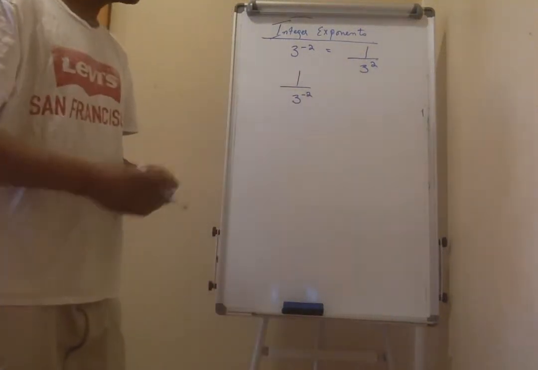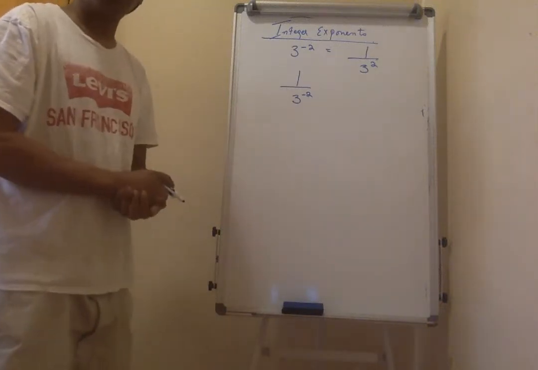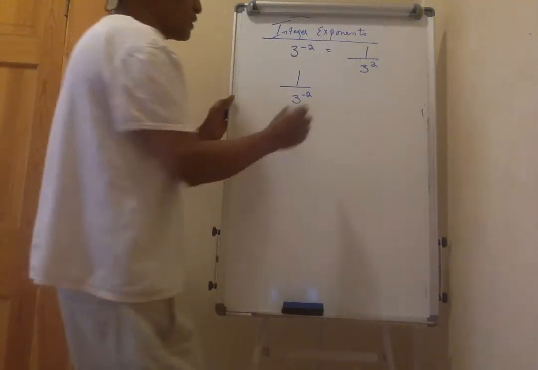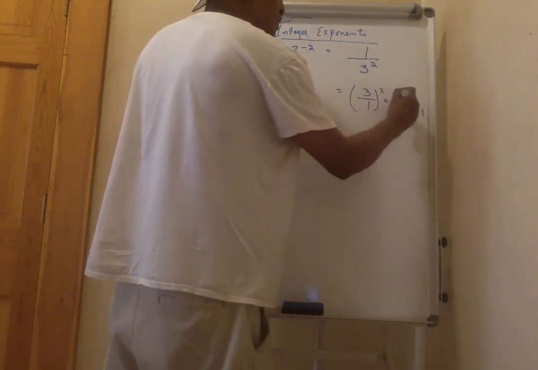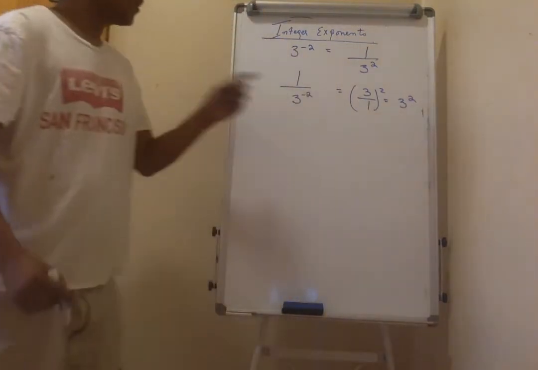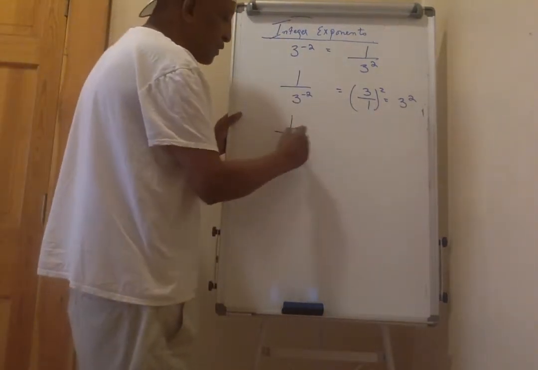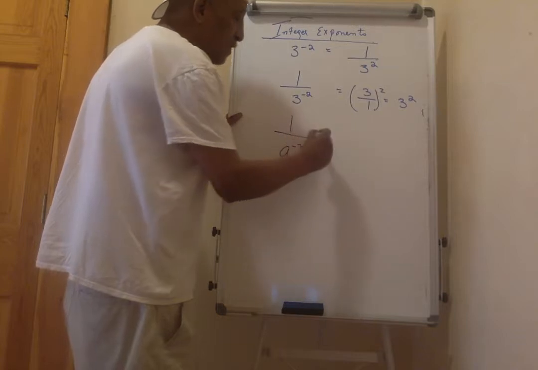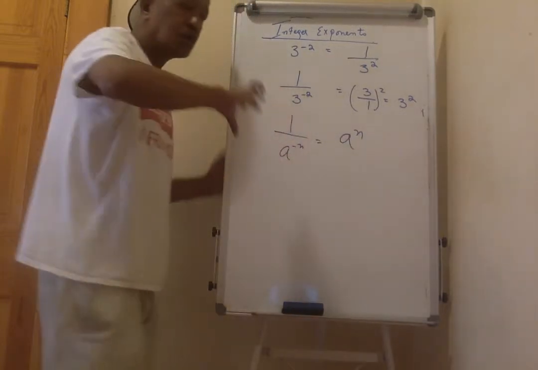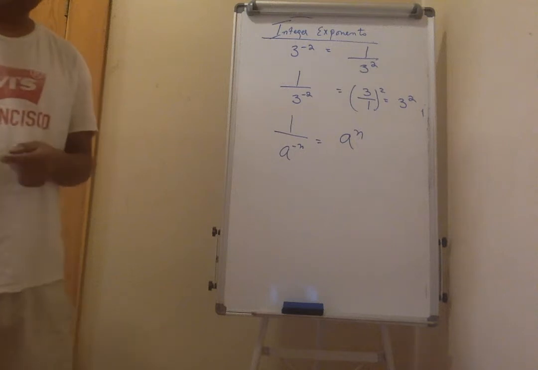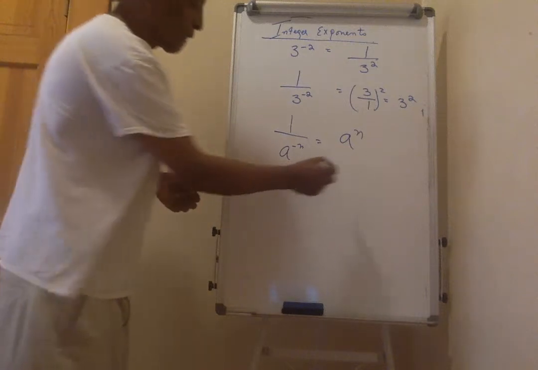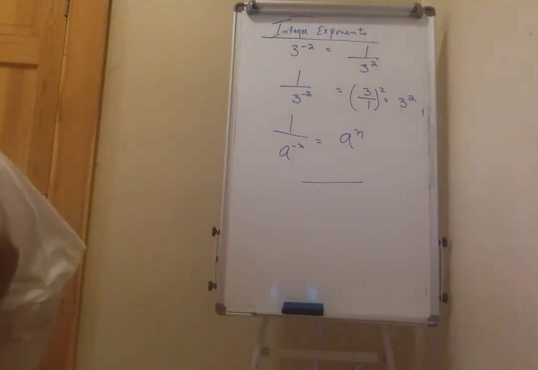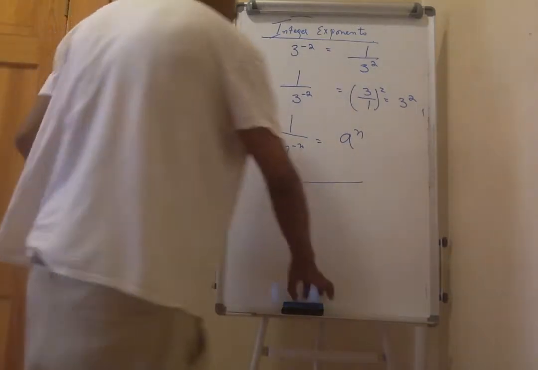It means the reciprocal of 1 over 3, which is 3 over 1. So it is 3 over 1 to the second, or 3 to the second. So in other words, if you have 1 over a to the negative n, it means a to the n. In order to turn the negative n to the positive n, always find the reciprocal of the base. Okay. So that is what the integer exponents is.